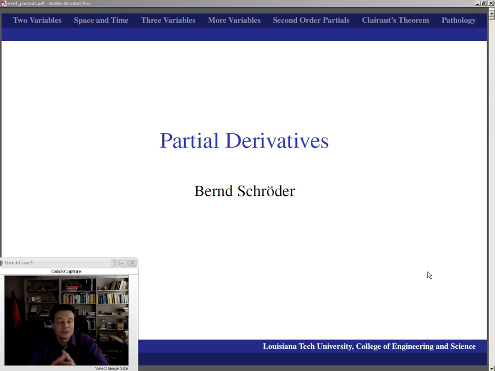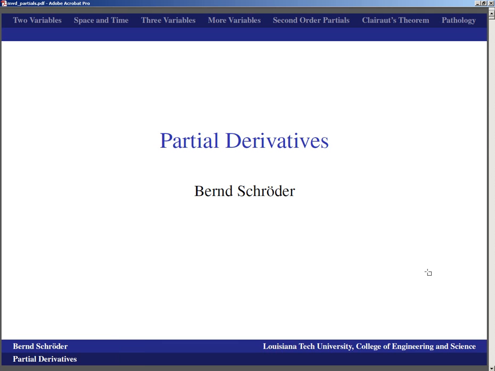And that is ultimately linked to things such as the heat equation, which are governing equations for a variety of phenomena, such as the heat equation being the governing equation for heat transfer. The foundation to that is the partial derivative, and that's what we're talking about in this module, and underlying all of it then is multivariable differentiation, which is what we're going to talk about in this sequence of talks that starts here with partial derivatives.